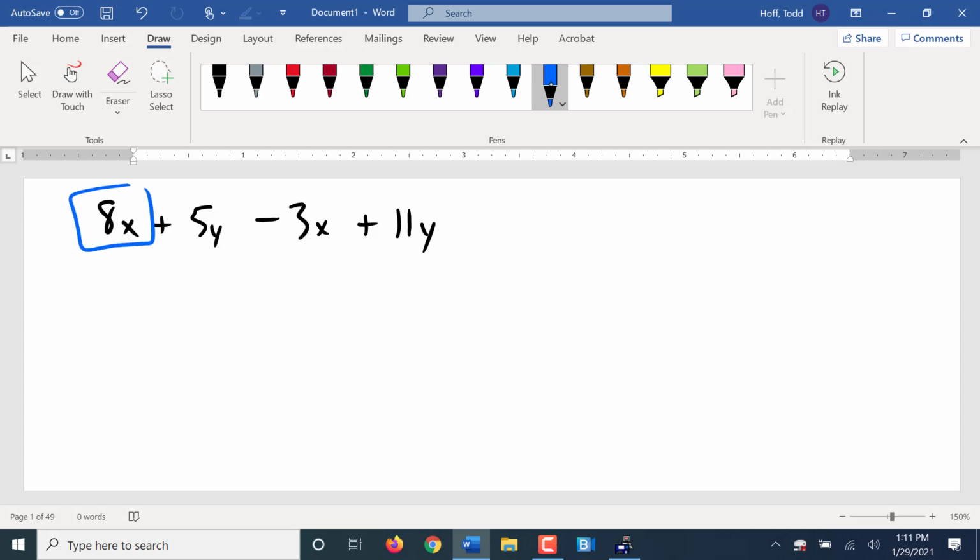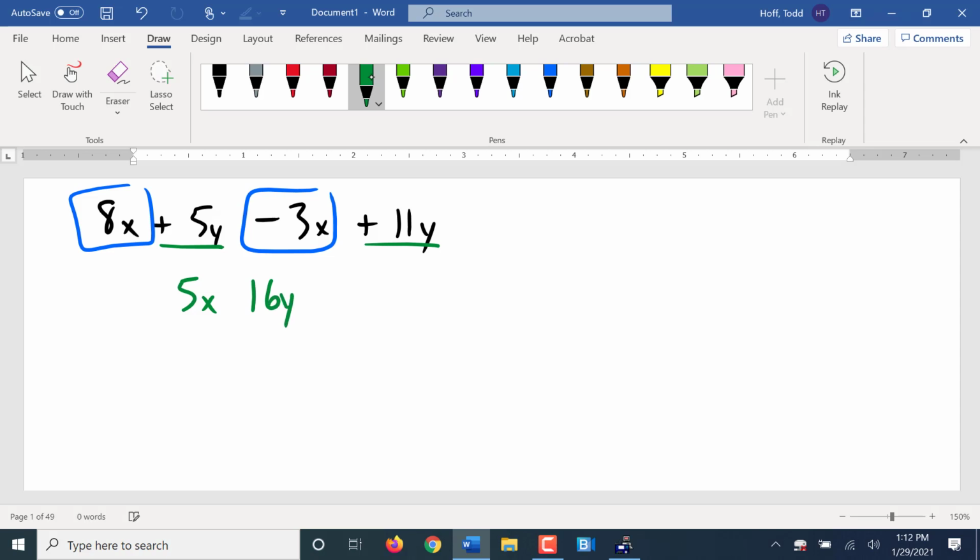Since it's all addition and subtraction, we can only combine things that have the same name. So the 8x combines with negative 3x. Remember, the operation always goes with the number that comes after it. So 8x and negative 3x make 5x. Then, of course, we can combine the 5y and the 11y to get 16y.